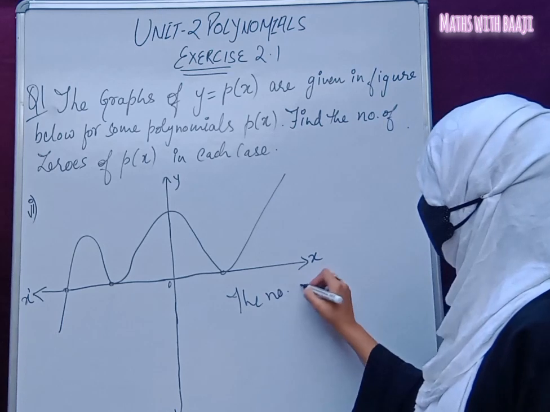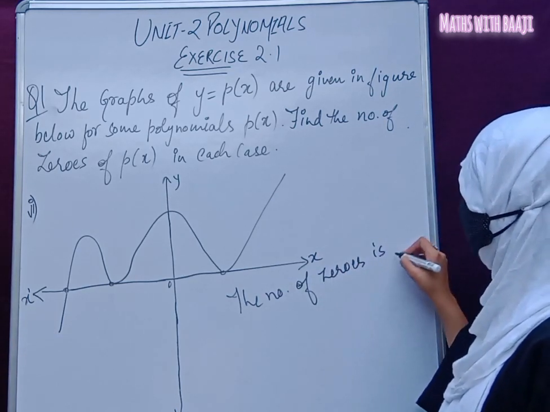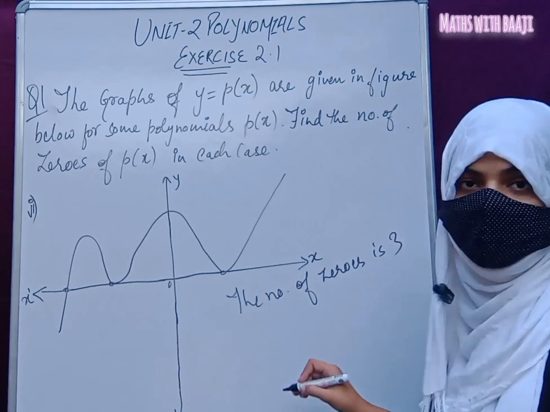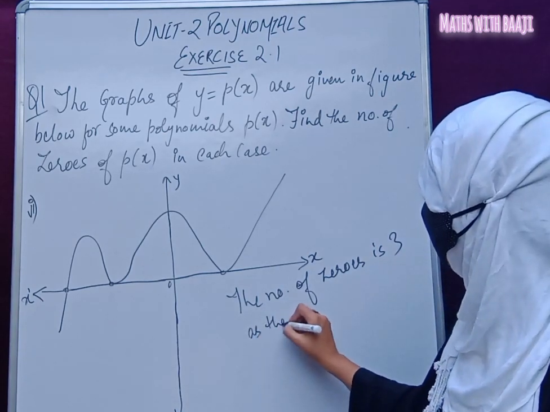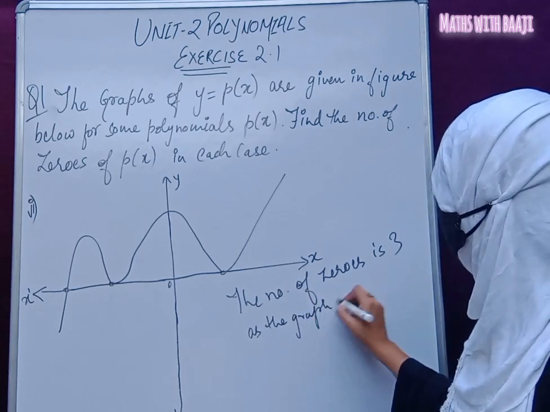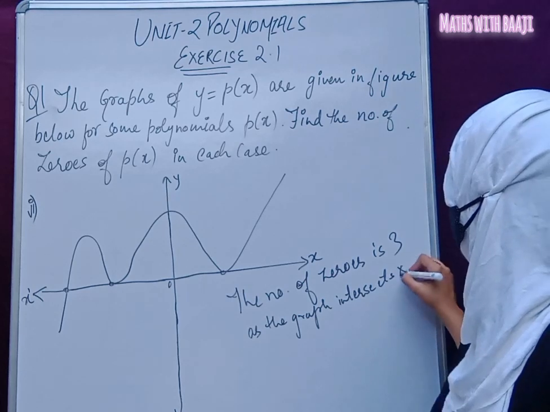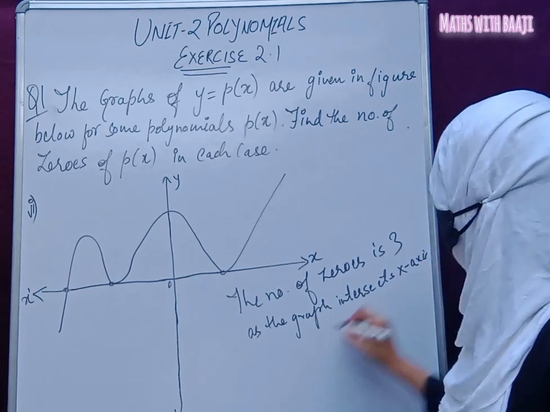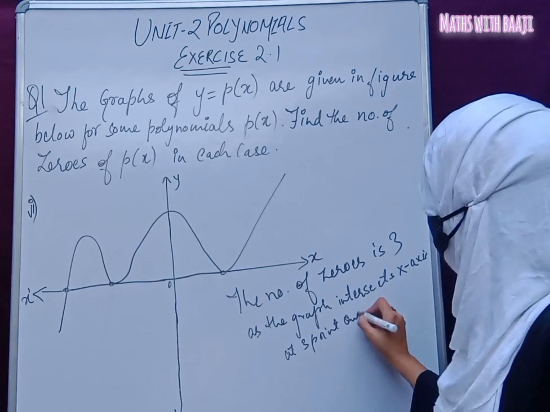The number of zeros is 3 as the graph intersects the x-axis at 3 points only.